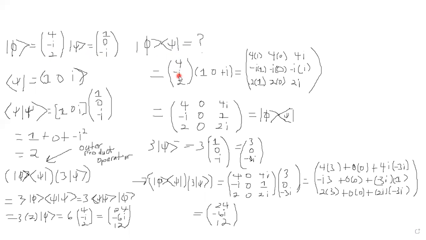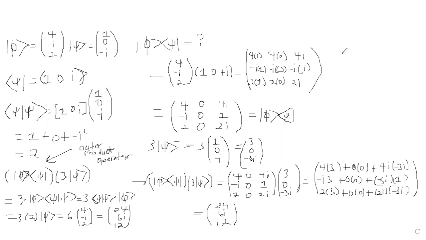Now normally I have a row vector and I have a column vector. So we go back to our linear algebra. Let me draw here. In linear algebra, you have to be careful what you do, because you can't multiply any two matrices or column vectors, because they have to match up.